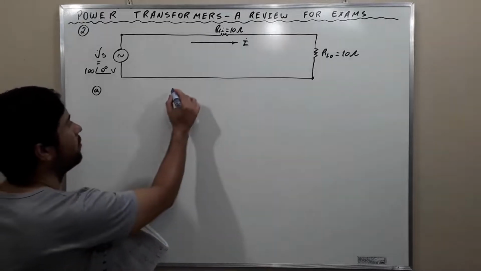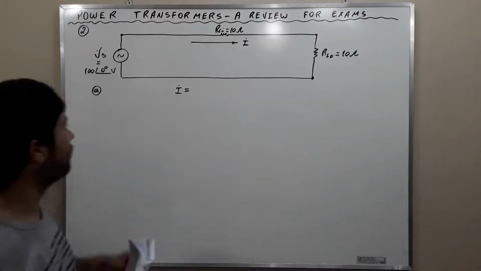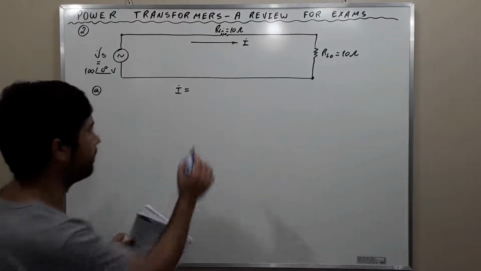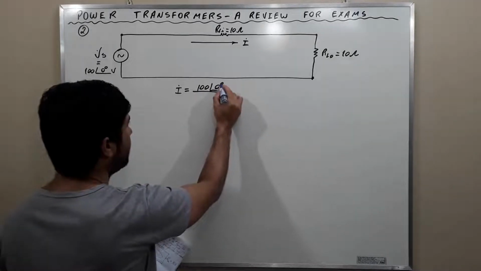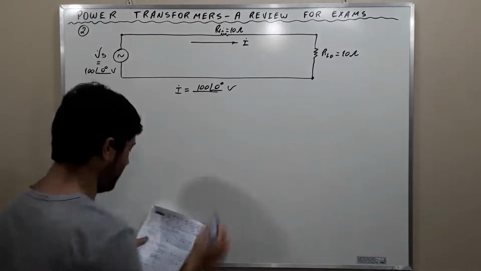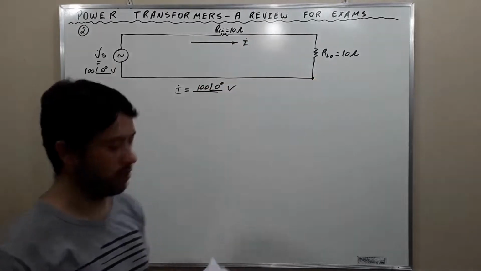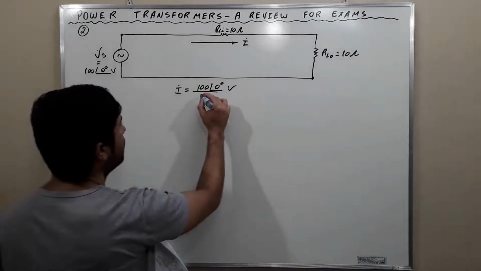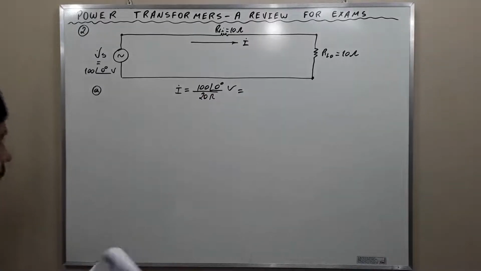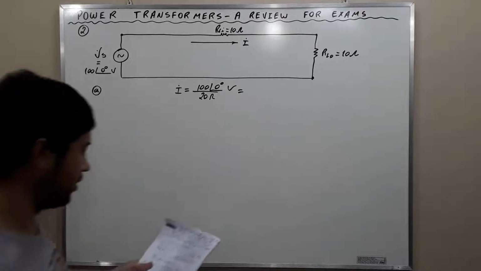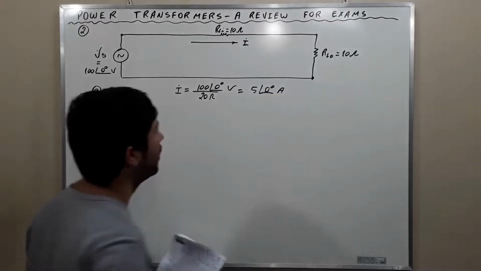And the value of I will be the division between the voltage of the power supply, 100 phasor 0 degrees volts, divided by 10 ohms plus 10 ohms, which is 20 ohms. Therefore, the value of the current is 5 phasor 0 degrees amperes.